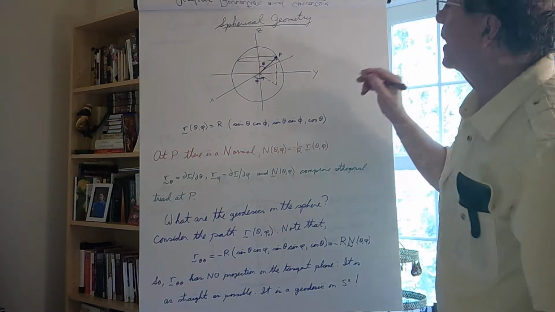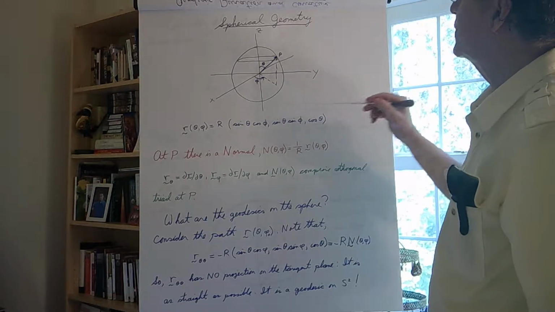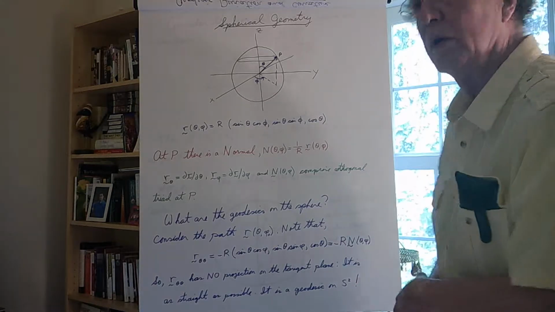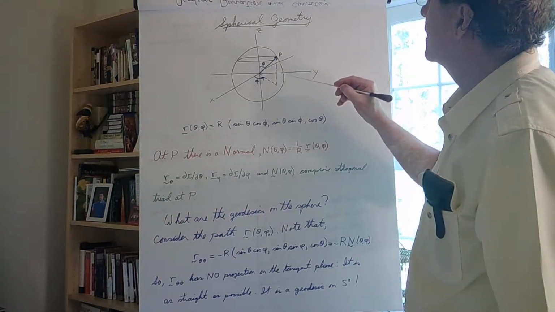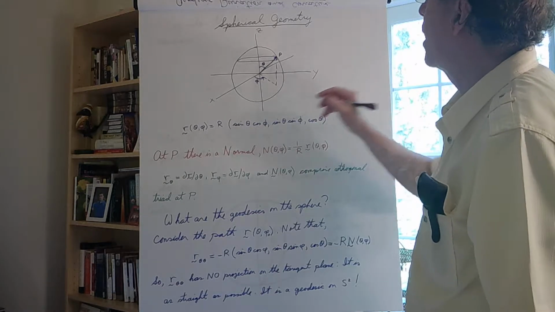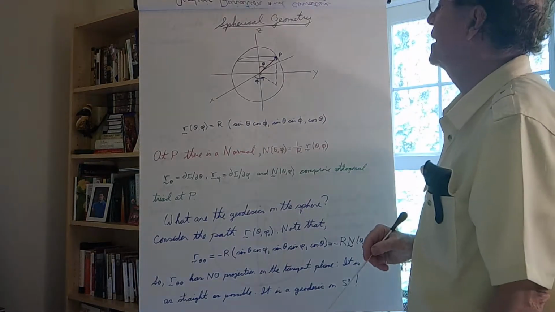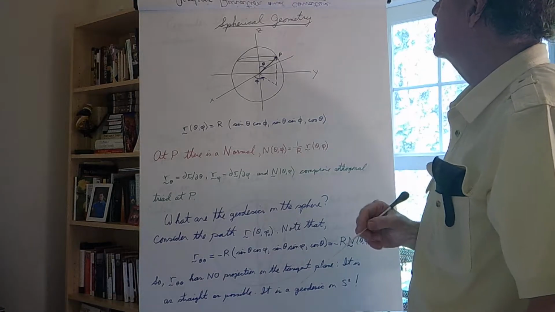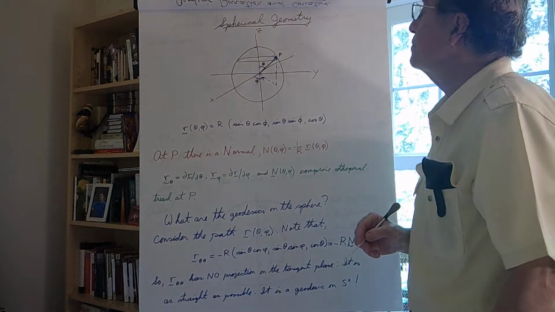So here it is, and I tried to draw a sphere here with the usual spherical coordinates. There's the angle theta off the z-axis and the angle phi in the xy plane off of the x-axis, like that. And I label a point P by those two angles.